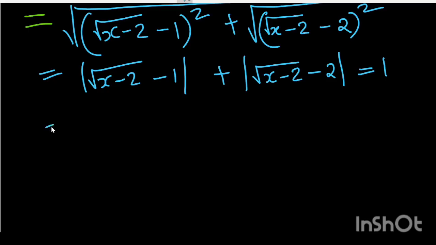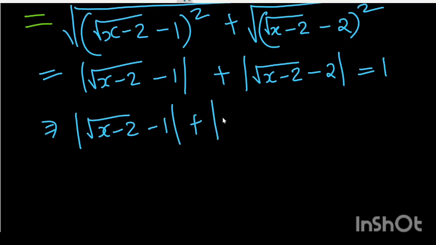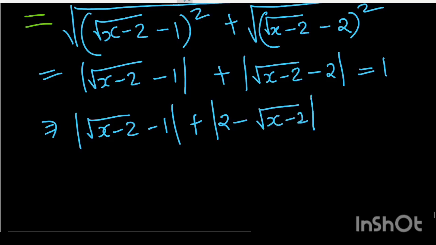So guys, if you rearrange it like this, root x minus 2 minus 1, the first term as it is, and the second term we multiply inside by minus, doesn't matter, because we know that mod of f is equal to mod of minus f.